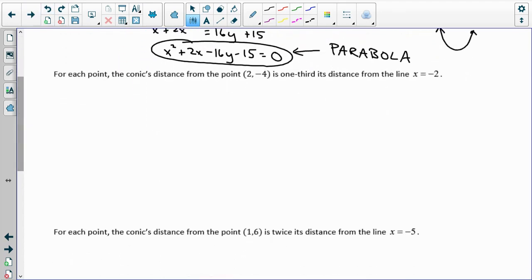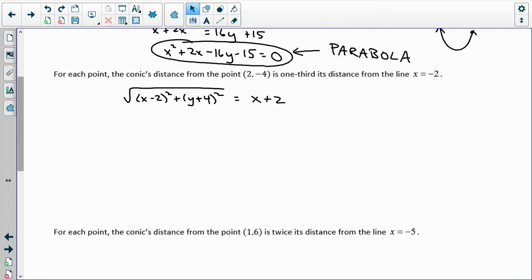Number 3, for each point, the conic's distance from 2, -4 is 1/3 its distance from the line x equals -2. So x minus 2 squared plus y plus 4 squared equals, well, it's not quite equal to x plus 2 because now notice that this is 1/3 its distance.